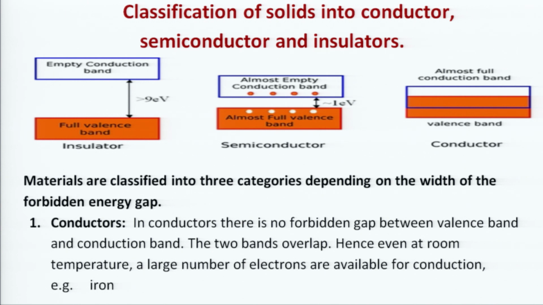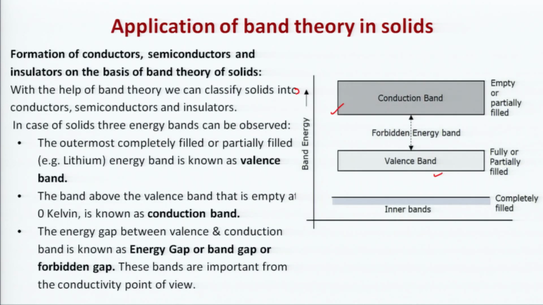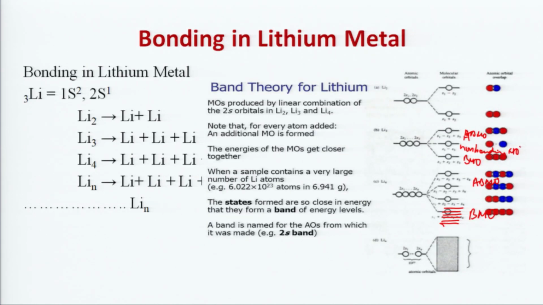Now, let us have a look at the conductors. For the conductors, the valence band and the conduction band are overlapping, as we had seen earlier in the previous slide, in case of lithium.